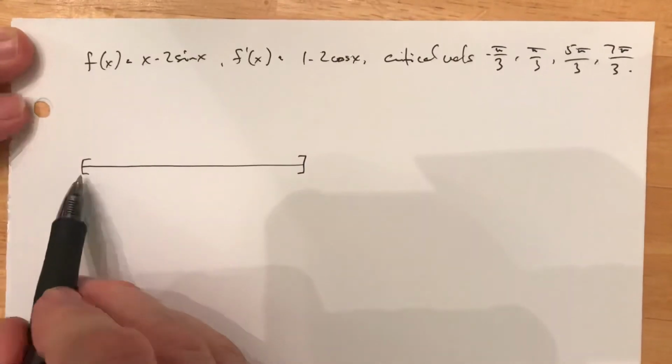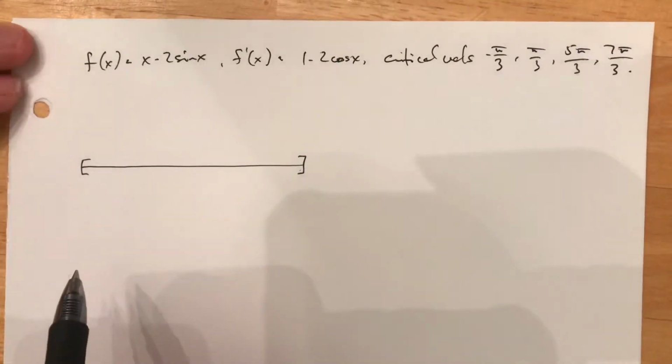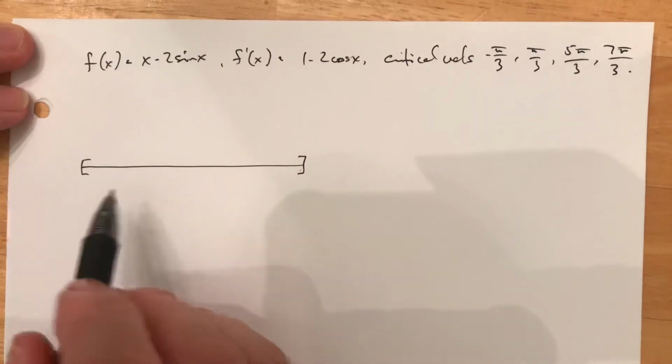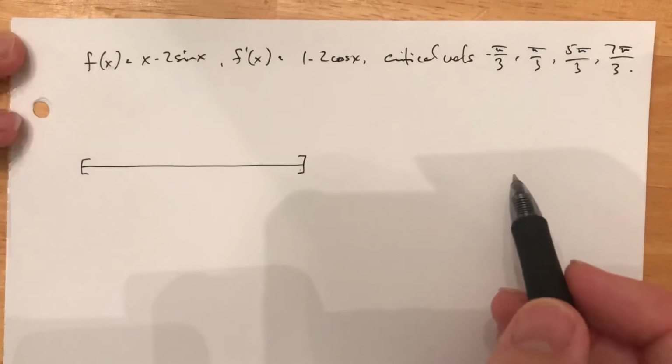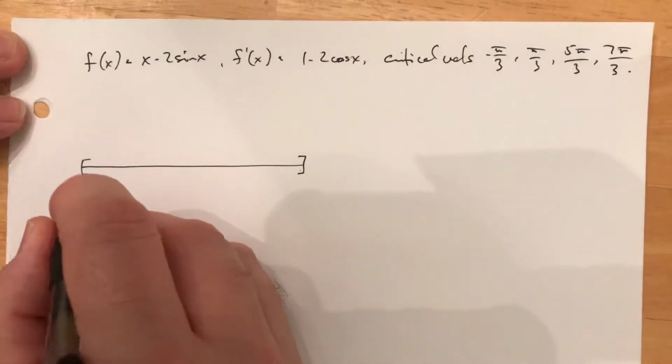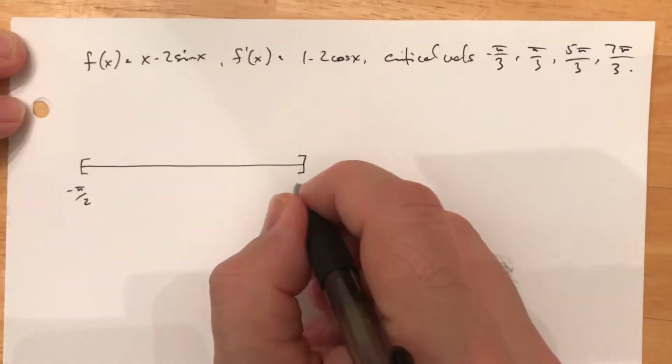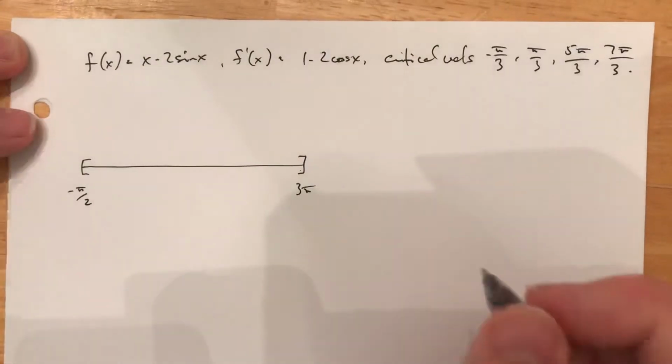And our number line, I'm putting little square brackets at each end because we have a closed and bounded interval. Our number line is not going out towards positive and negative infinity. We are restricting ourselves to this interval from negative pi over 2 to 3 pi.